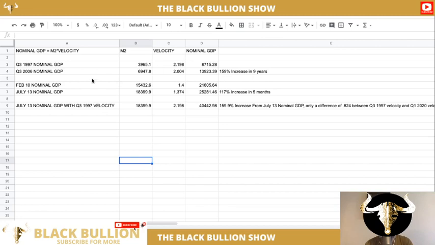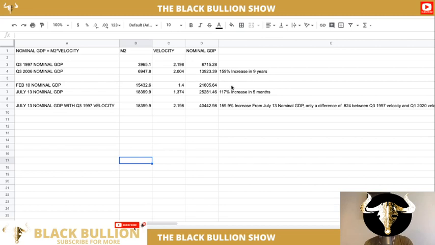All right. Now let's take a look at this year. February 10th of 2020, nominal GDP was roughly at 21,605.64. And on July 13th, it rose to 25,281.46.